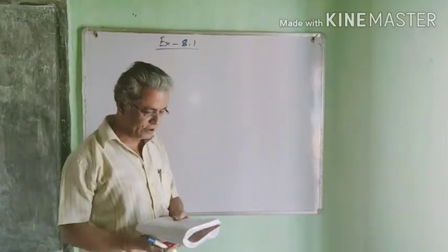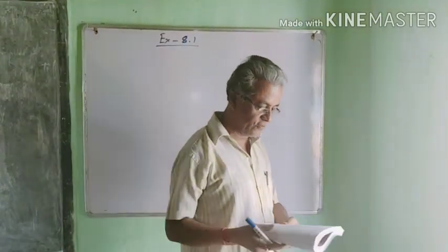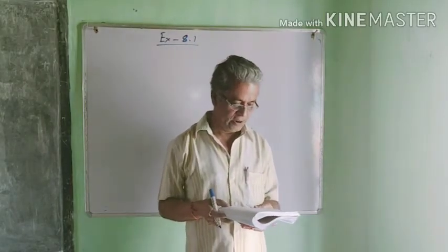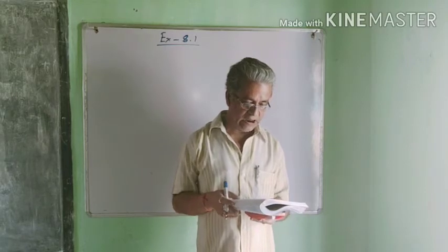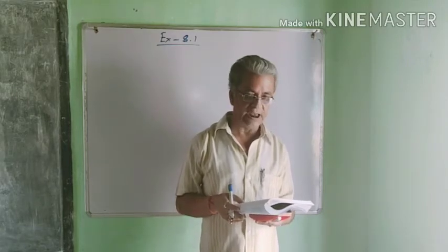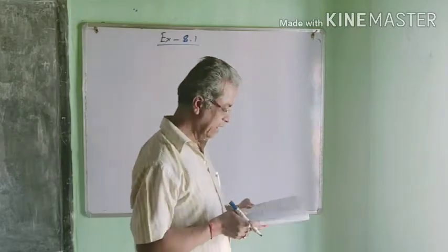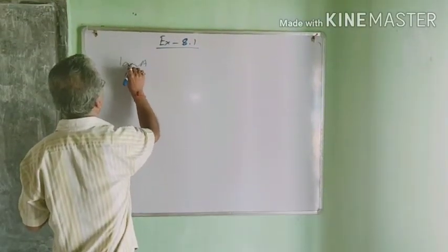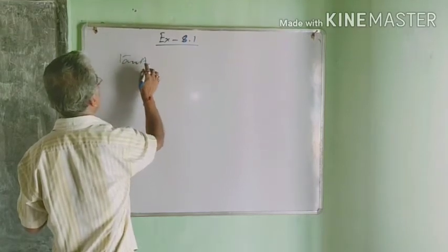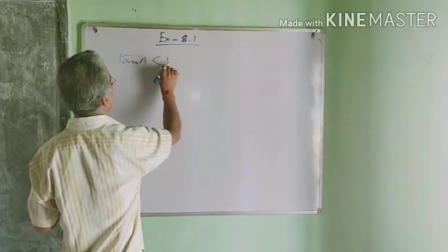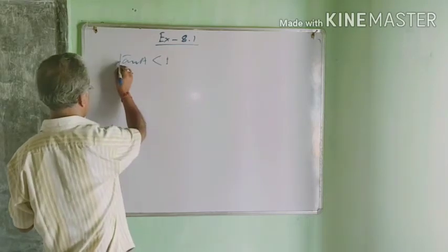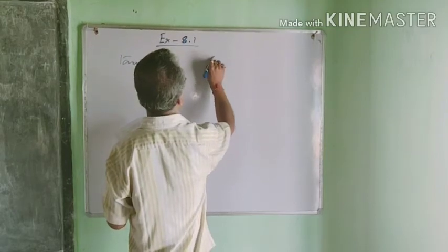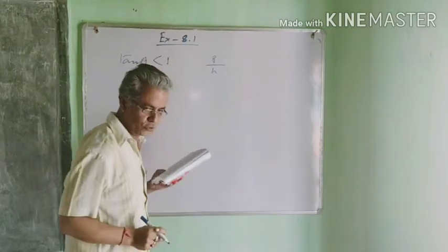Question number 11 is, state whether the following are true or false. Justify your answer. The value of tan A is always less than 1. Is it true or false? You know, sine is the ratio of perpendicular and hypotenuse.